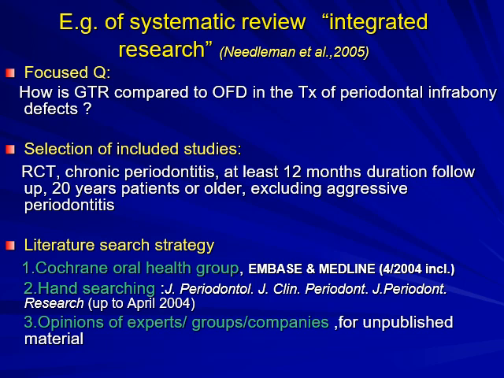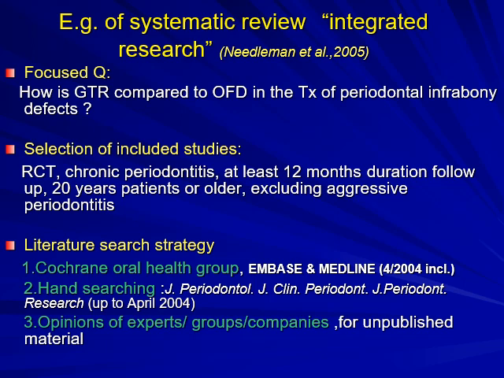Now, the second step, we have to select the included studies. How do we select the included studies so that we answer this focus question? We select valid or reliable studies, for example, randomized controlled studies only. We select studies that involve chronic periodontitis, and studies with at least 12 months follow-up duration and nothing less.